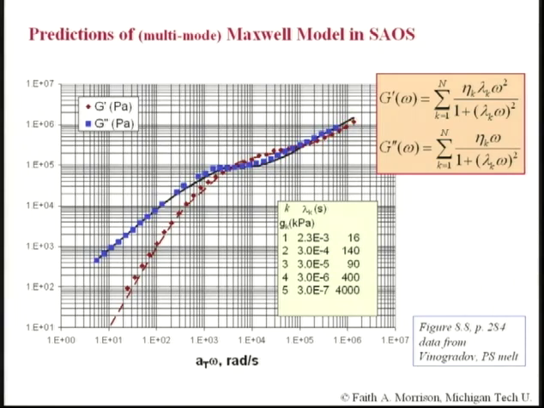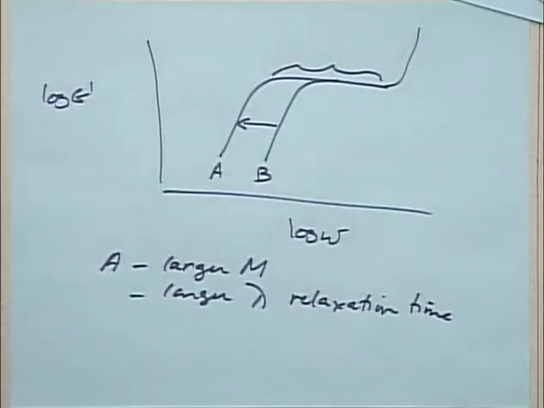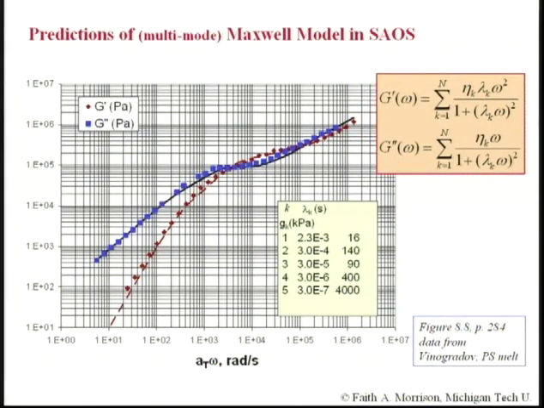And what I did to fit this is I used the generalized Maxwell model equations, and I went into Excel and used Solver. And Solver is just a nonlinear curve fit program. All I did was I created a prediction, subtract the prediction from the actual data, and asked it to minimize the difference between the two. And look, I can get a really good fit of the data.